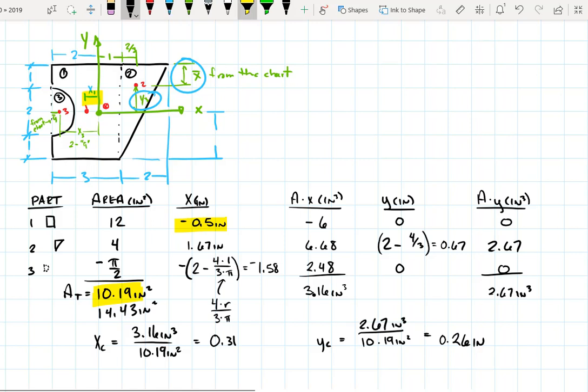So what that does, those numbers, 14.43 inches squared, it makes these even smaller numbers. It wouldn't change anything else though. 0.21 and 0.18.